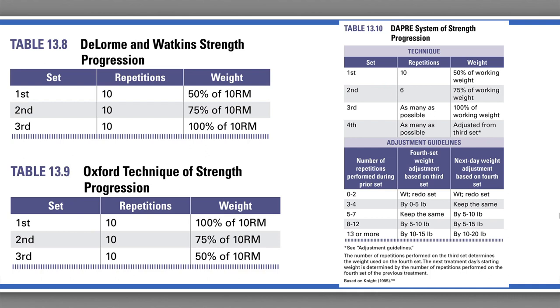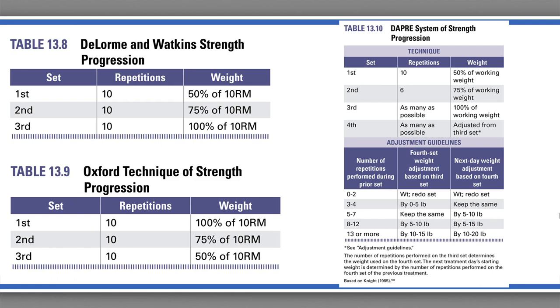Now, interestingly, the Oxford technique and the physicians who created it criticized the preceding progressions by DeLorme, as they observed that many patients were too fatigued to perform a third set of 10 RM exercises.